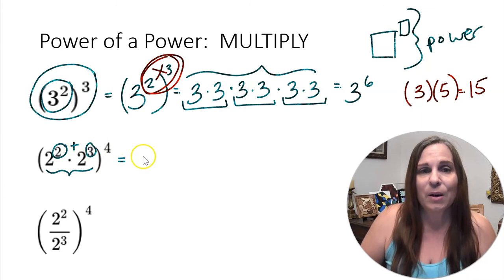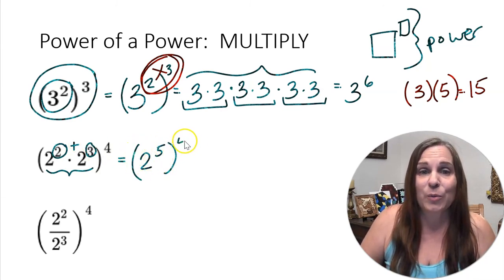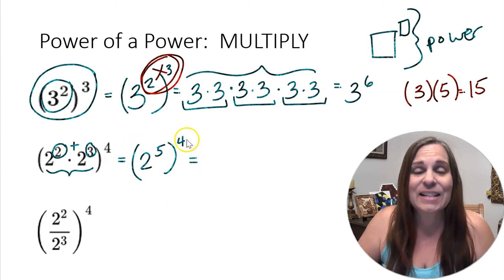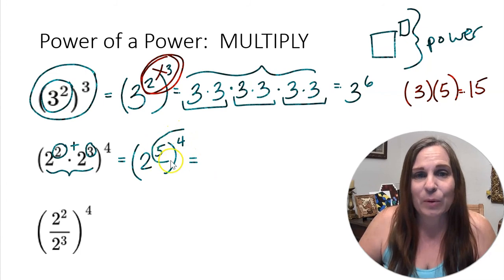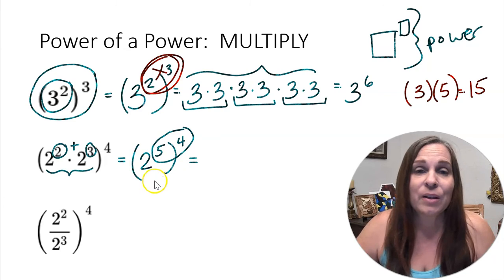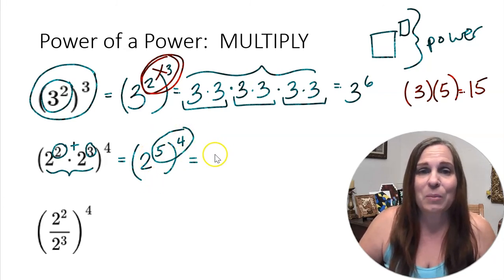So this is going to become 2 to the 5th raised to the 4th power, right? And then I multiply. Remember, the only thing separating them is that little closed parenthesis symbol. So that means multiply. So I would get 2 to the 20th.